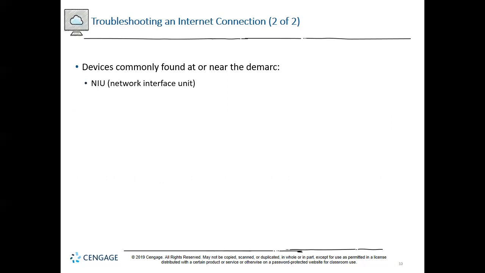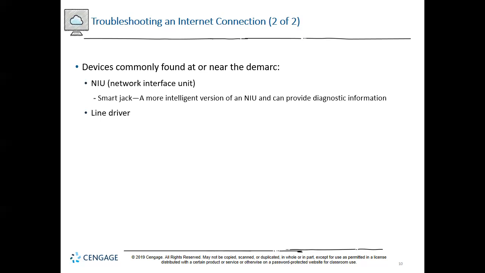So as a customer with your own little network, you've got some devices that you need to take care of, and one of them is your network interface unit. One of these is referred to as a smart jack. Smart jack shows up a bit later when we talk about our point-to-point connectors.